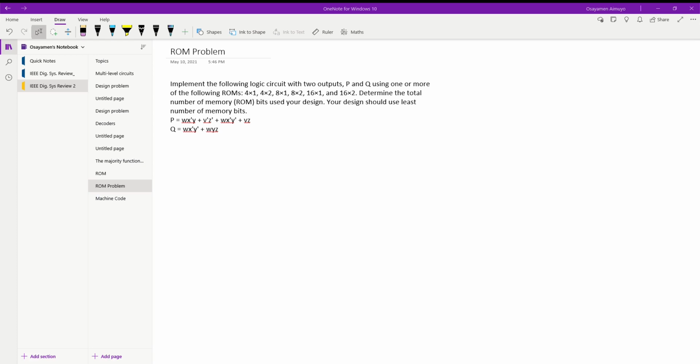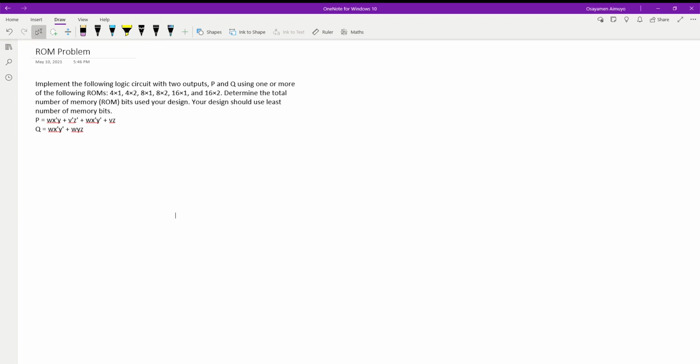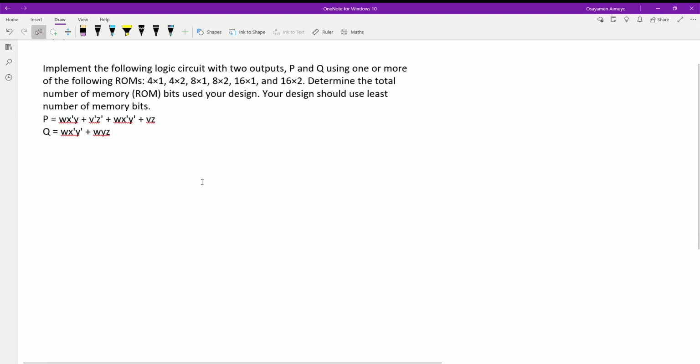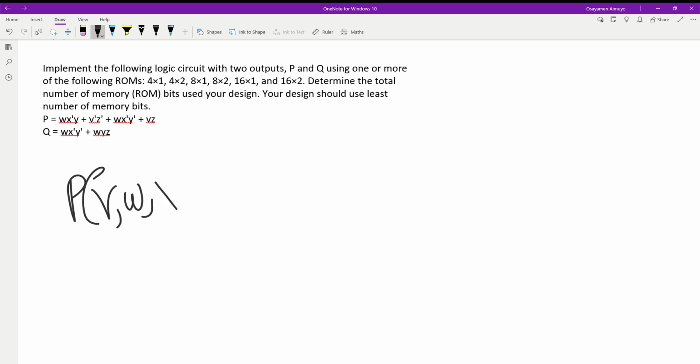Let me zoom in more because the ink tends to be much better that way. So P, and I will try to write very small as well. Easier said than done. Okay, so we have this.